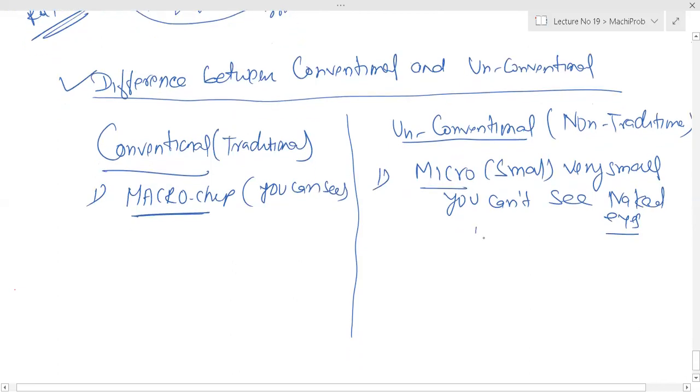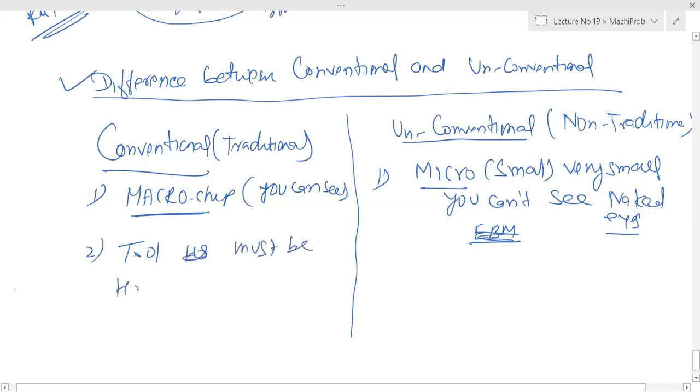Like electron beam machining, can you see the chip? No. I am talking about all of them. Second, the tool must be harder. The tool is hard, must be harder.